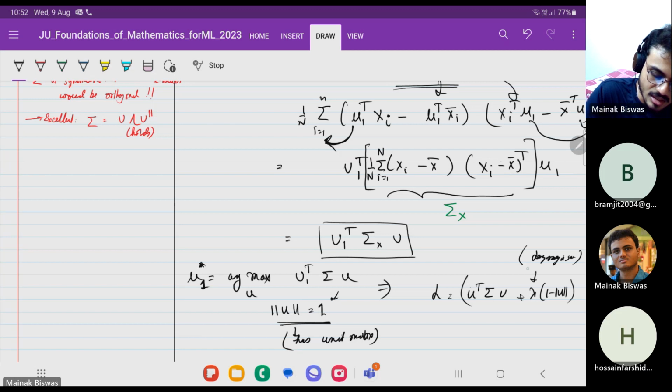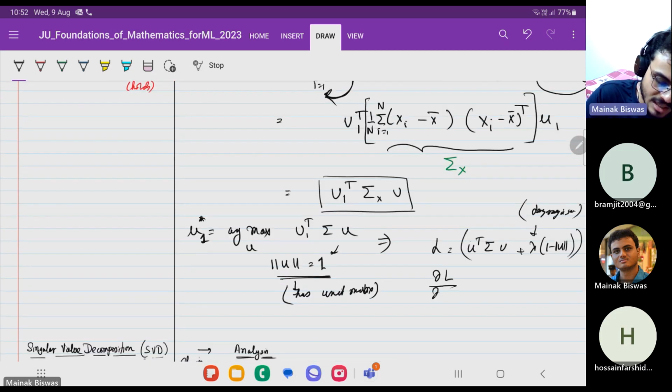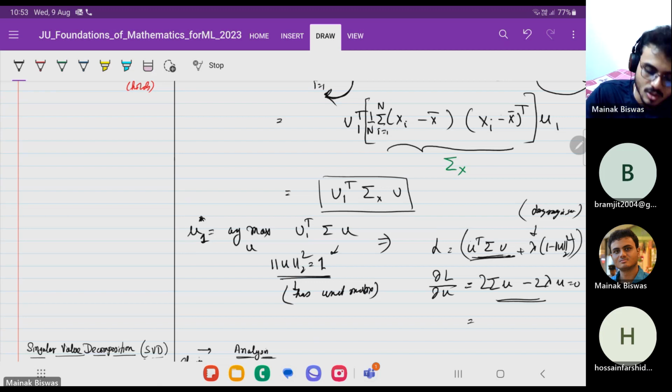So you will have dL/dU as sigma U minus lambda U, with U transpose U equal to 1. I'll show you this in the last class, but anyway, this is just a quadratic, as we discussed before. The derivative of a quadratic is always 2 times the component.